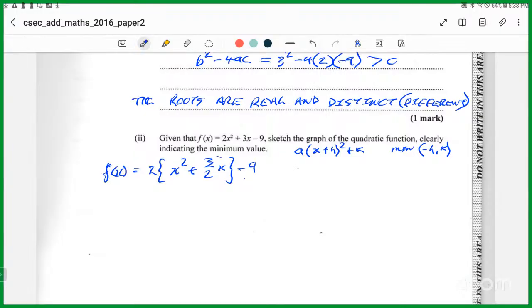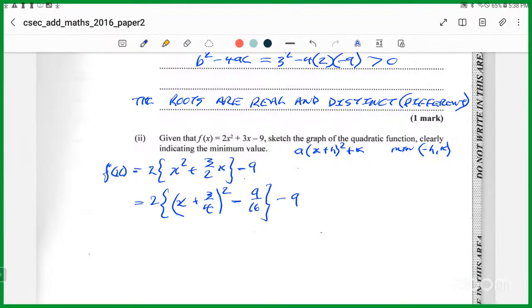Now complete the square of these terms. It becomes 2 into x plus half of 3 over 2, which is 3 over 4, squared, minus the square of this, which is 9 over 16. That's it. We have completed the square of these 2 terms, and you subtract back this 9.